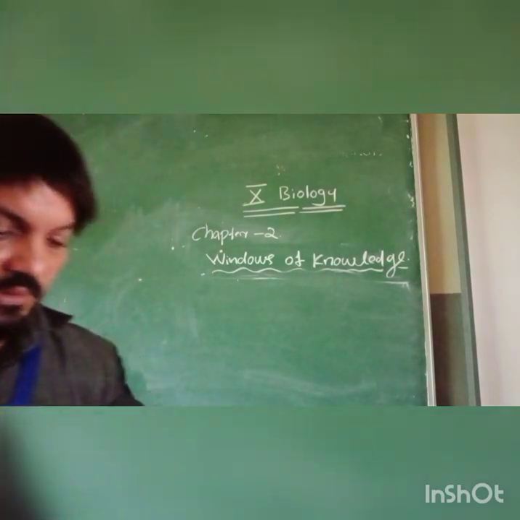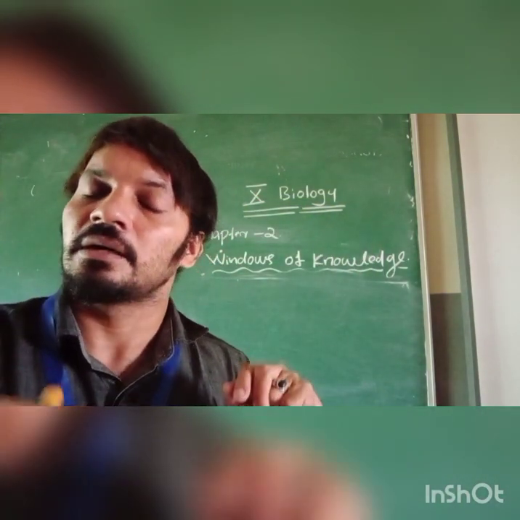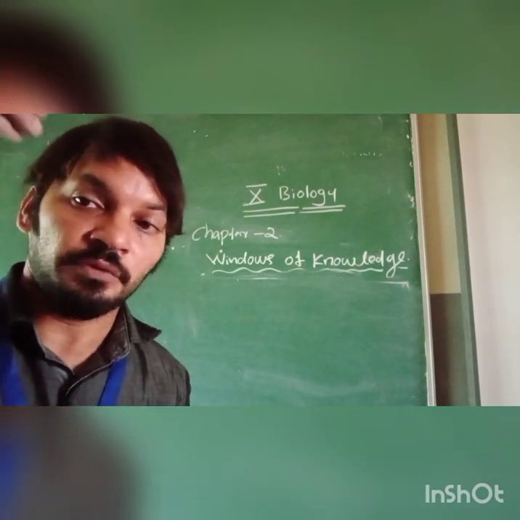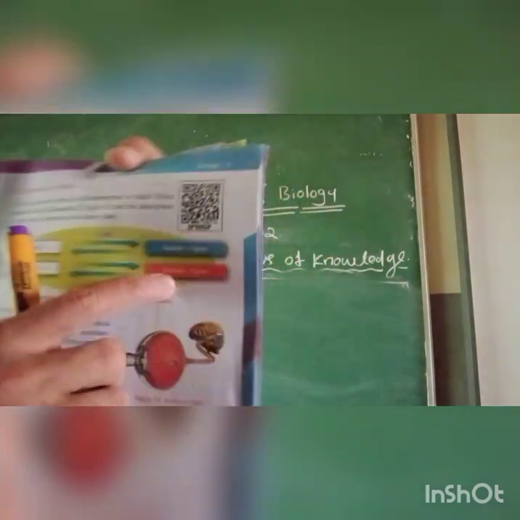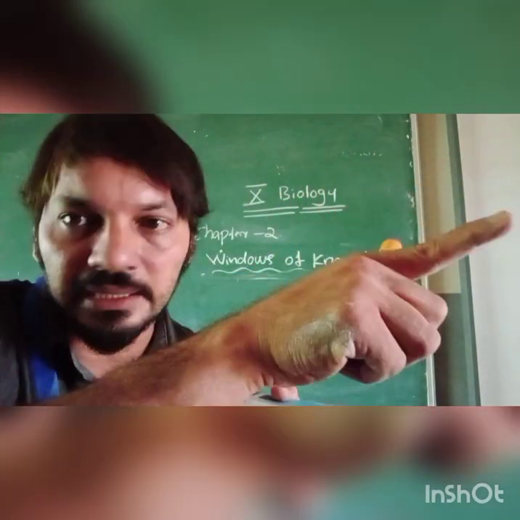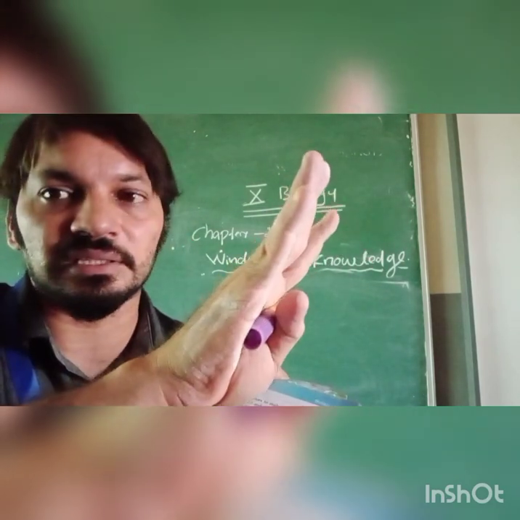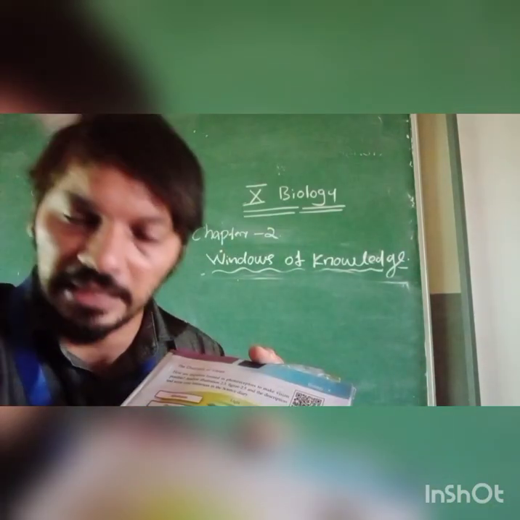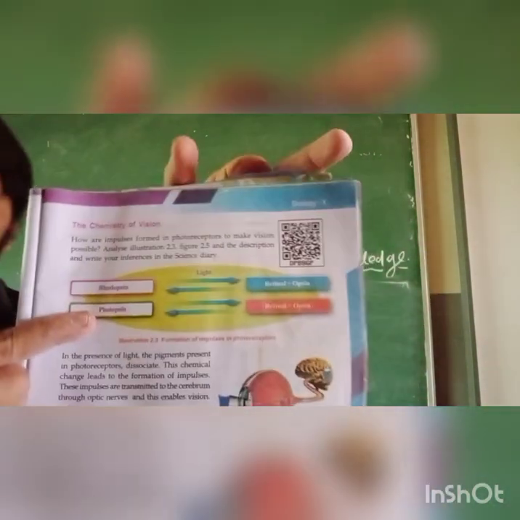Similarly, photopsin is contained in cone cell. Cone cell contains iodopsin or photopsin. When bright light falls, it converts into retinal and opsin, and we can identify the colors, green, yellow, like that. If there is no light, we can't identify the color. Retinal and opsin convert back into photopsin.